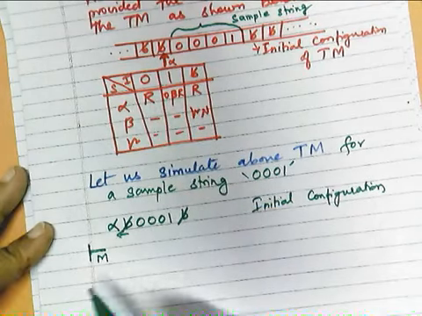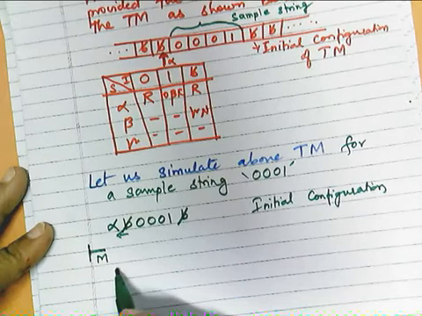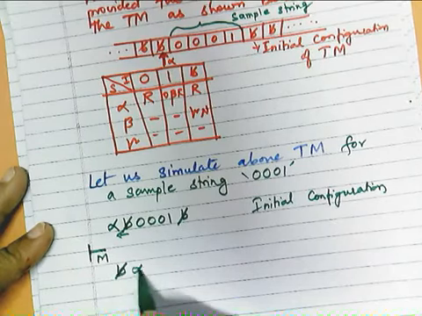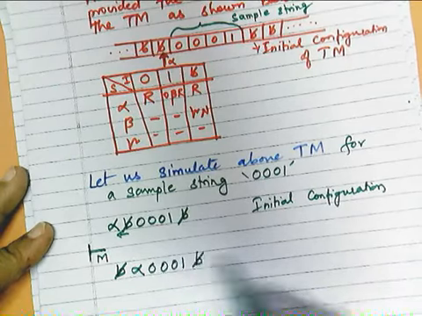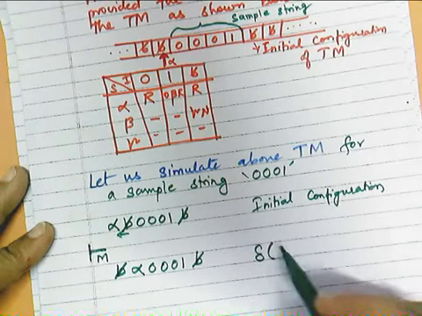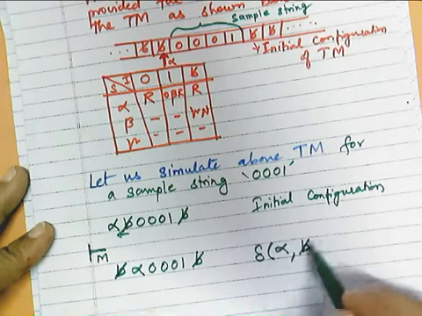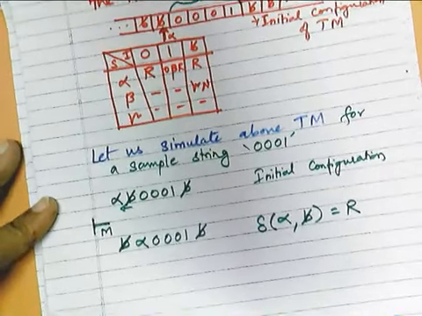So our next ID becomes blank, alpha, 0, 0, 0, 1 and blank. This is because the delta function of alpha comma blank gives movement towards the right.